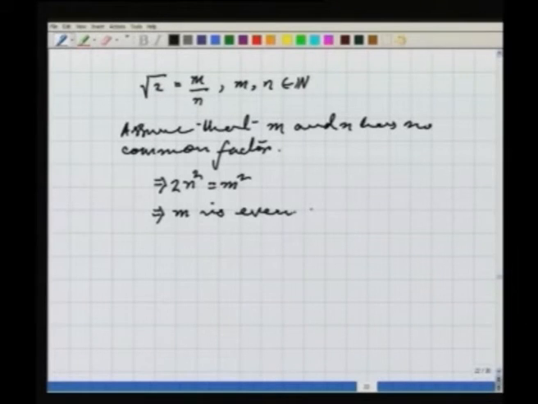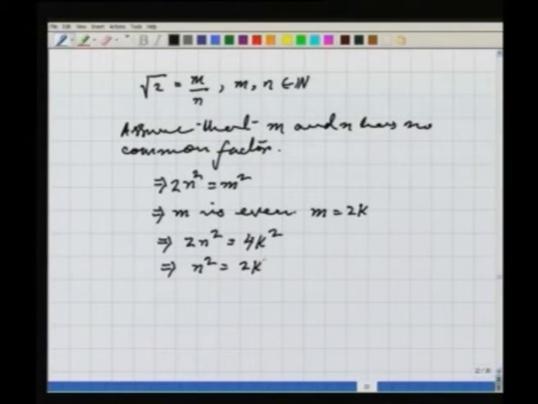That means m must look like 2k for some natural number k. Well, this then implies that 2n² is 4k². If I cancel 2 from both sides, it would mean that n² is 2k².